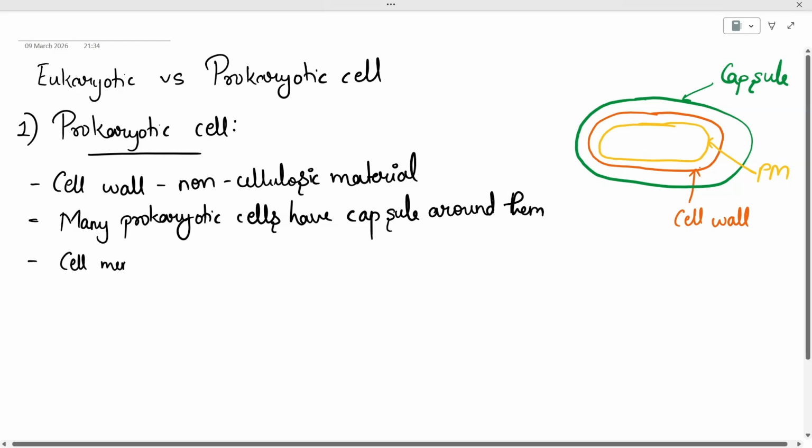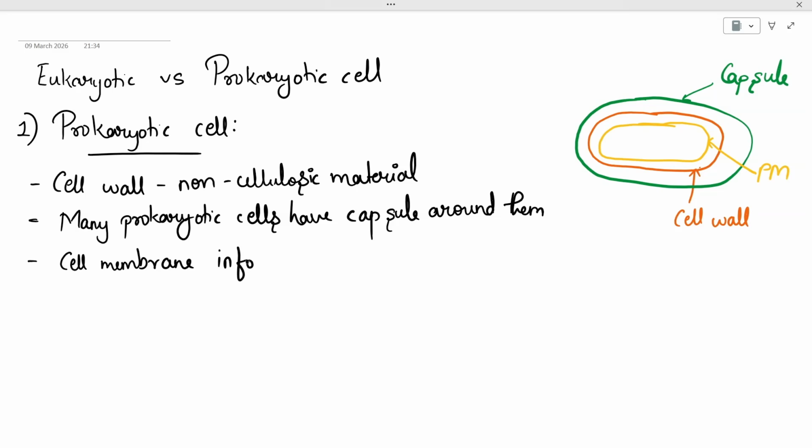So the cell membrane will unfold to form mesosome. Now let us look at this. Suppose this is the cell membrane.